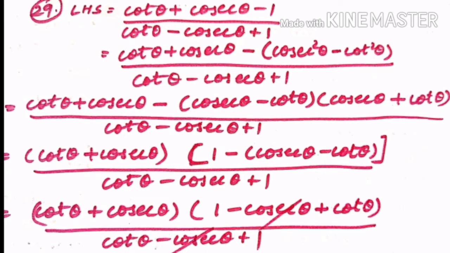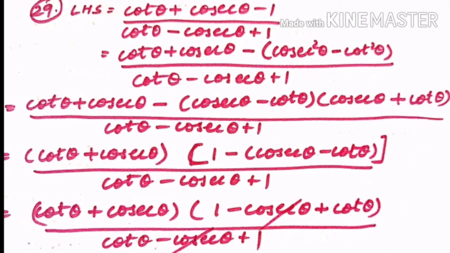What is our square relation with the third? That one's value is cosec square minus cot square. So I am placing, instead of 1 in the numerator, cosec square theta minus cot square theta. See the next step: cot theta plus cosec theta minus, in the bracket, the value of 1, that is cosec square theta minus cot square theta.